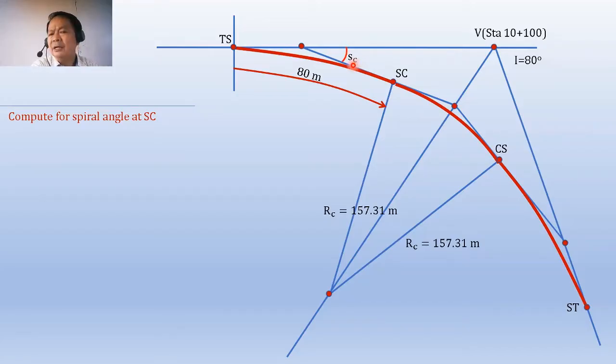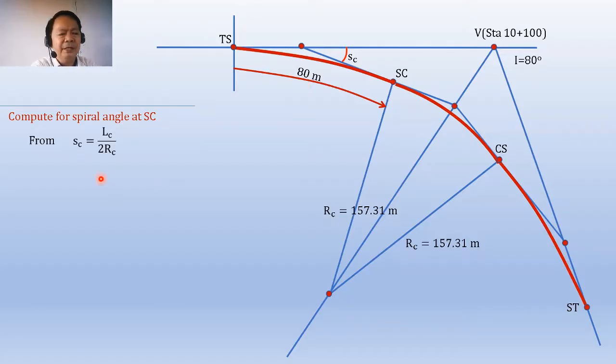And this spiral angle has a formula, as we have already derived from our previous discussion, that S sub C is equal to L sub C over 2 R sub C, na kung saan itong L sub C is the length of the spiral from TS to SC. And given in the problem, this is equal to 80 meters.